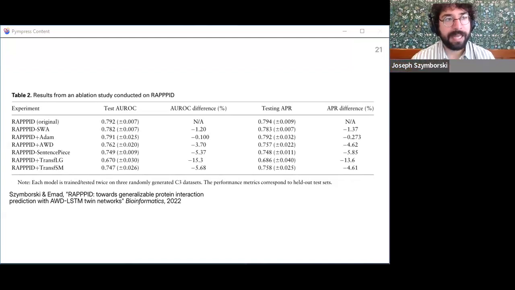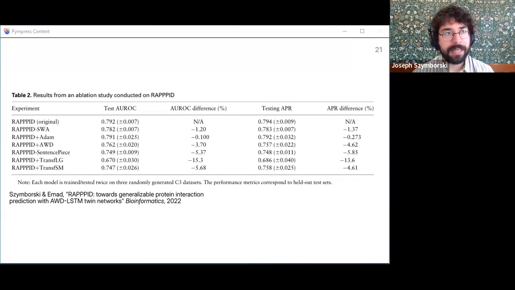And this is not solely because of C3, as we'll see later. You can have a robust data pipeline that excludes proteins from the testing set that are present in the training set, so these C3 data sets still fail on out of distribution proteins.